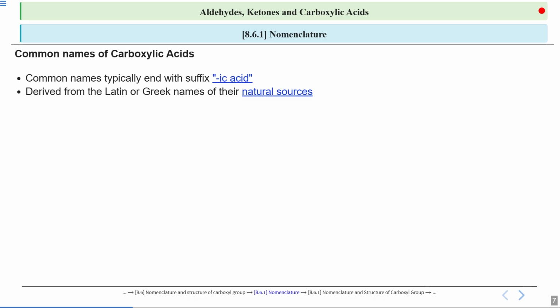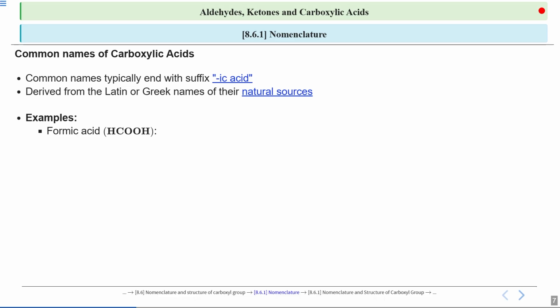Now let us look at examples of carboxylic acids and their common names. First we will see formic acid. Notice the suffix -ic.